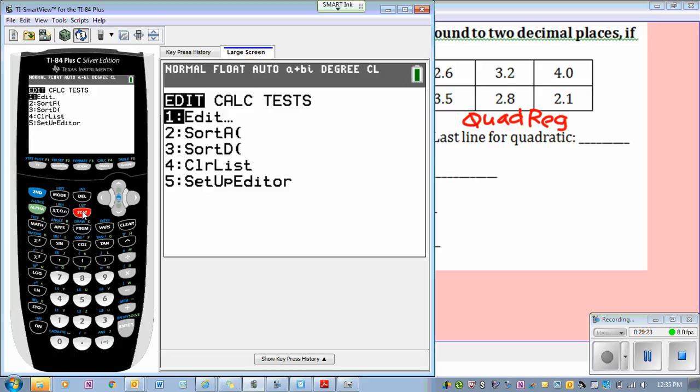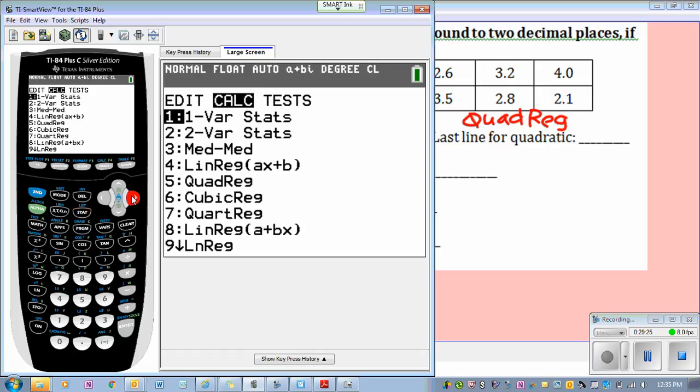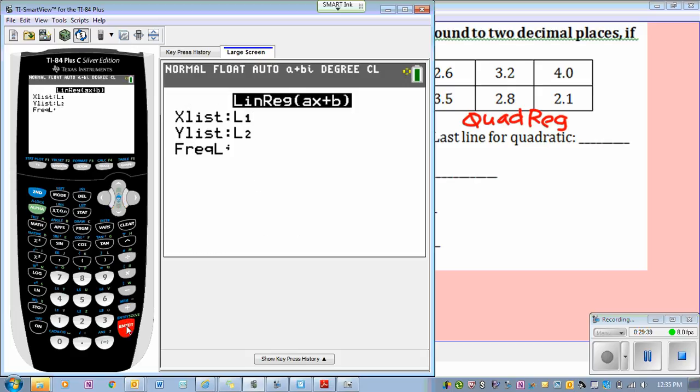Now tab over to calc. You see lin reg 4? Go to that one. Lin reg. Just keep hitting enter until you get to calculate if your screen looks like mine.